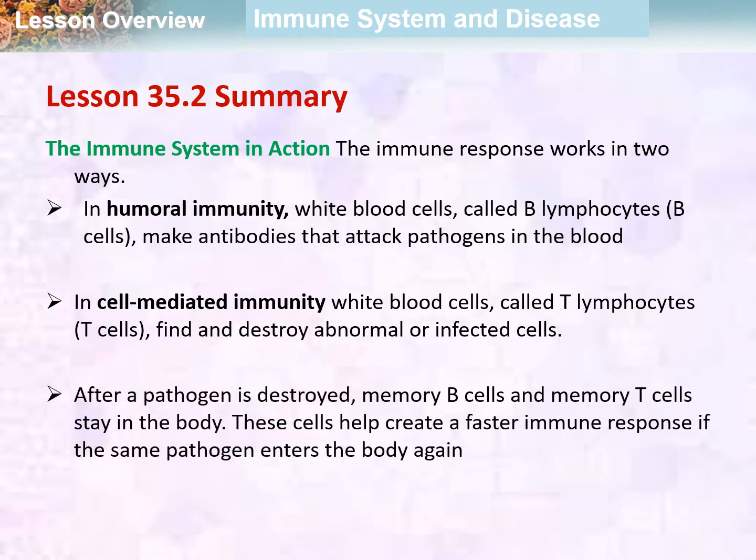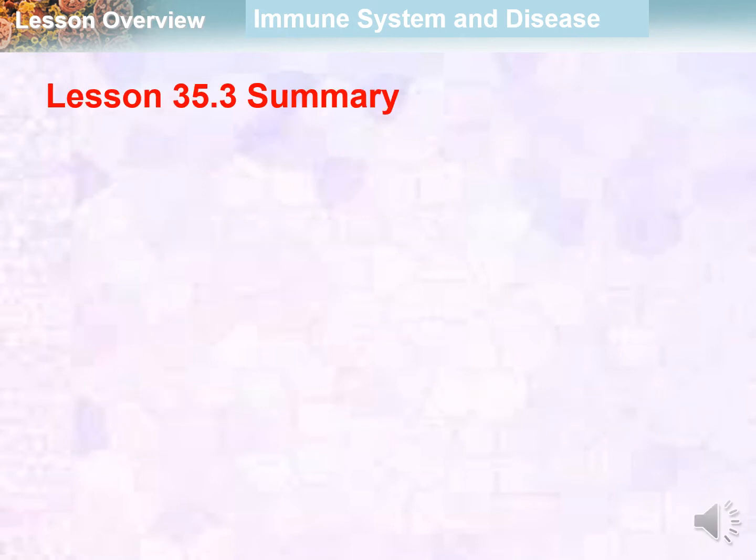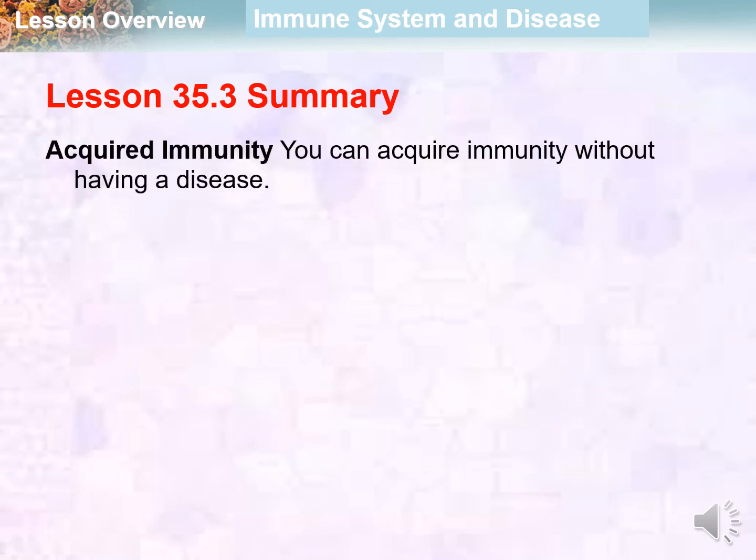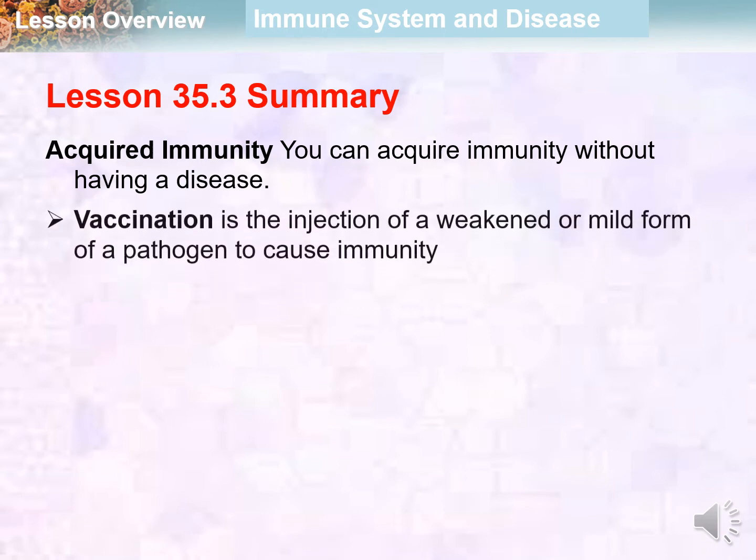After a pathogen is destroyed, memory B cells and memory T cells stay in the body. These cells help create a faster immune response when the same pathogen enters the body again. Now on Lesson 3 Summary. Acquired immunity. You can acquire immunity without having a disease.